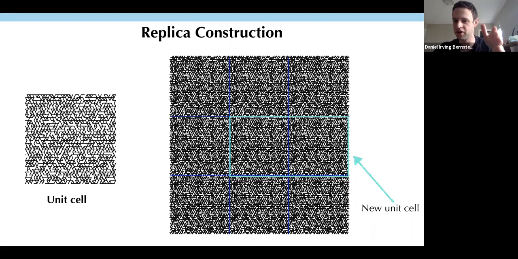And then it sounds like what you're doing by doubling this domain is dropping all of the bars that go between your configuration and its image under the translation to the right. And by dropping all these bars, you can now create a motion.